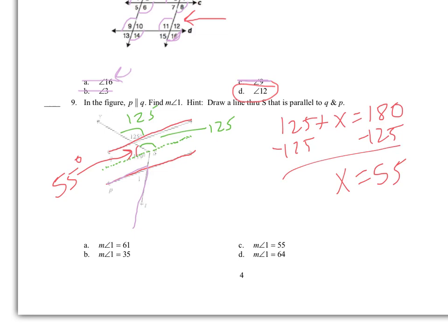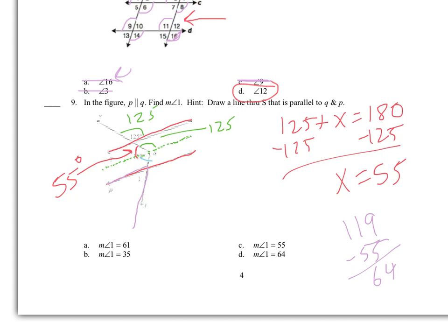The entire angle, let's see if I can read that, it's 119, which means if I take 119 and subtract 55, I should get the rest of that angle, which is this right here.